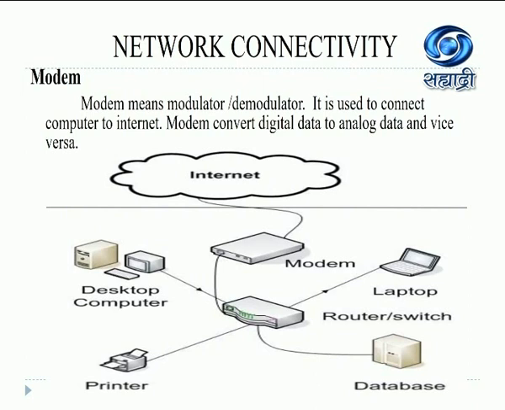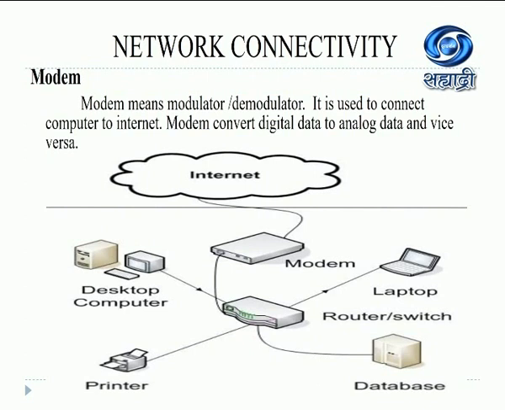With the help of the router, that connection is passed to a related shared printer, its related shared desktop, or the related shared devices which are peripherals attached to them. So in this diagram, a modem is acting as a modulation and demodulation of an internet connection. It is taking a connection, it is routing a connection, and it is forwarding that connection to the related peripheral devices.